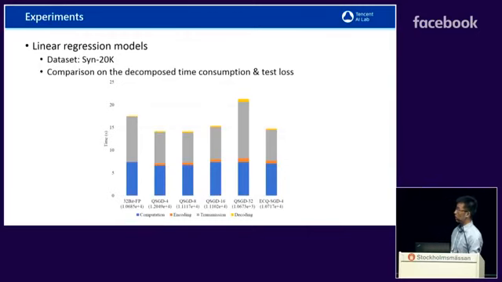Following is the decomposition of the time consumption of our ECQ-SGD and QSGD, together with 32-bit full precision SGD. We see that for both the QSGD and ECQ-SGD, since the gradient is compressed, the communication time is largely reduced, even taking the encoding and decoding time into consideration.